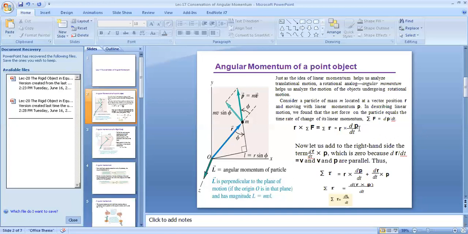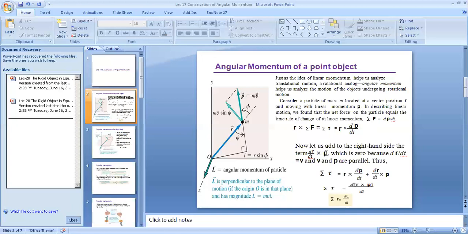Now, this expression can have another term, dr over dt cross p, on the right hand side. As we know that dr over dt will give velocity vector v, and v cross p or v cross mv will be equal to a null vector.